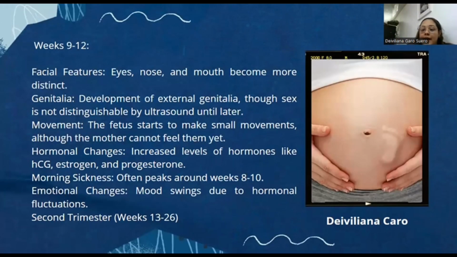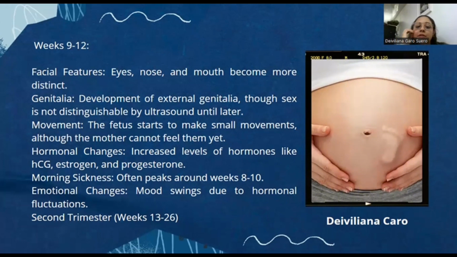Weeks 9 to 12, facial features. Eyes, nose, and mouth become more distinct. Genitals: development of external genitalia, though sex is not distinguishable by ultrasound until later.